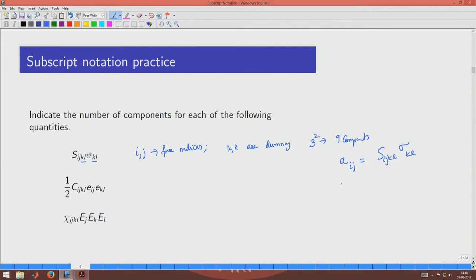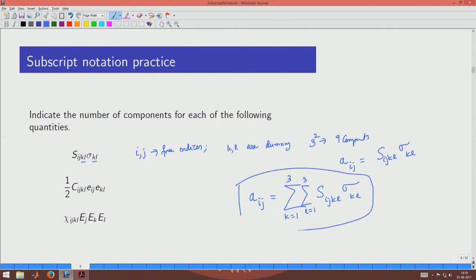So this is what you could write, and what we meant by the dummy indices is as follows: A_ij is equal to the sum of S_ijkl sigma_kl. So this is the expression that we meant by this.